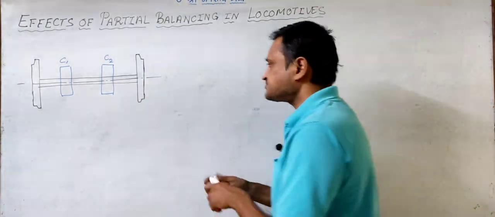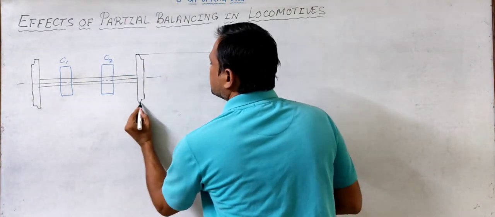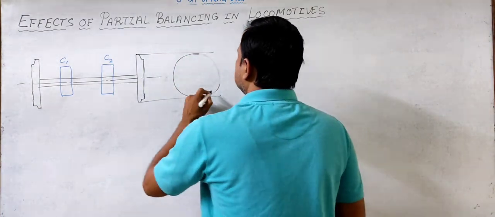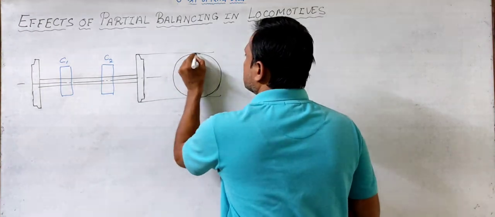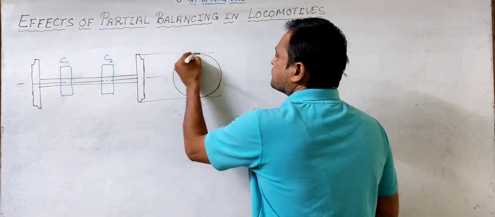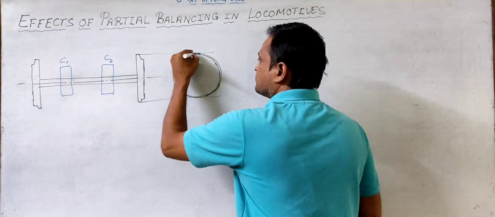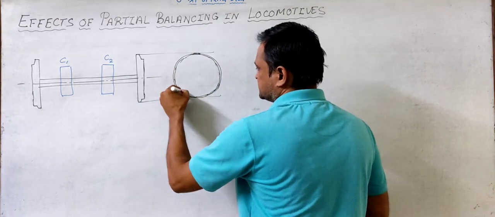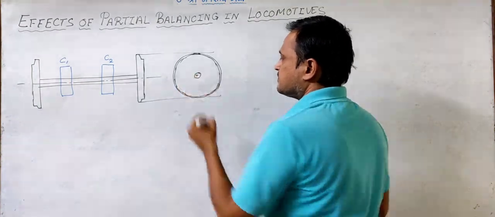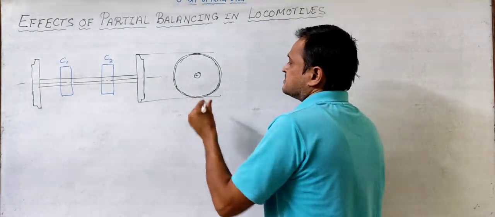Right? So if we see the side view for this, this is the wheel, and this is the tire, you can say, of the wheel. And you must have noticed in the locomotives that the balancing mass is placed on the wheels.